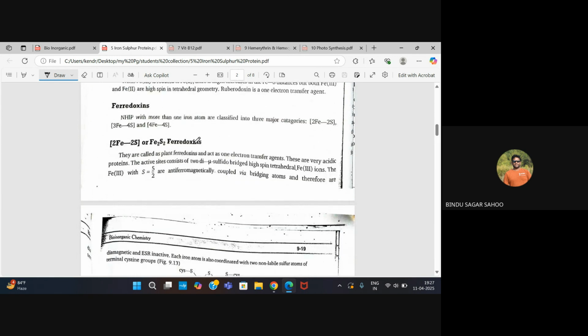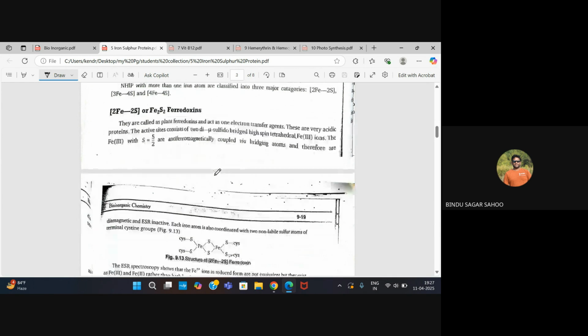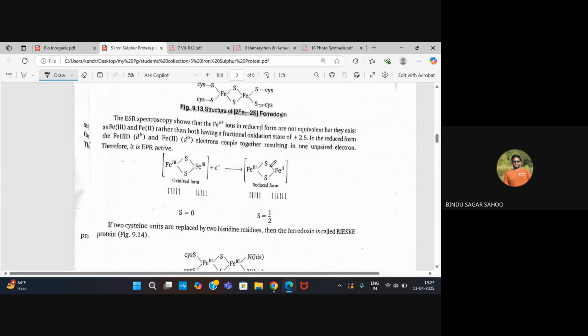Another iron sulfur protein is called ferredoxin. Ferredoxins are of different types: 2Fe2S, 3Fe4S, or 4Fe4S. First, we will discuss the 2Fe2S type of ferredoxin. The structure of 2Fe2S is like that.